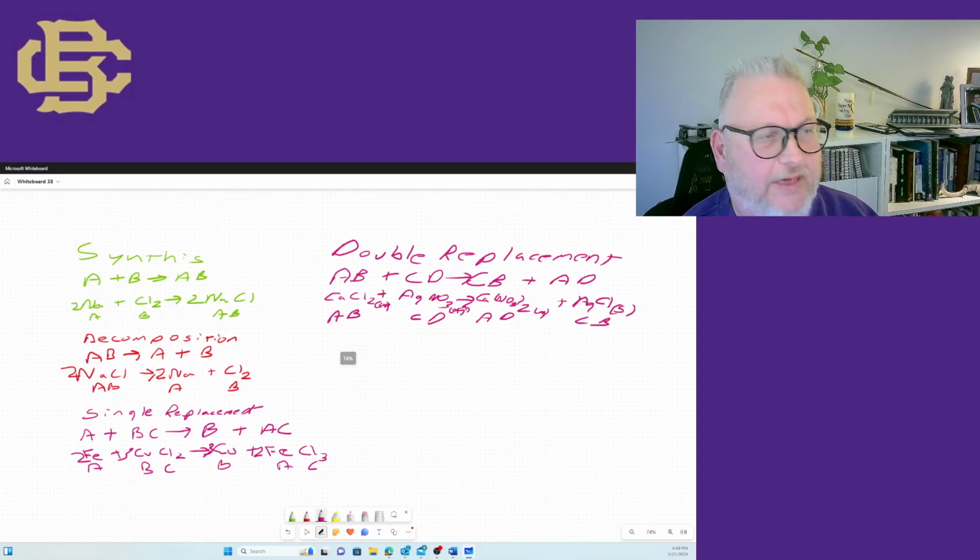The last one I think is the easier one. It's combustion. So in combustion, no dancing here. In a combustion reaction, you've got something combining with oxygen, usually a hydrocarbon.